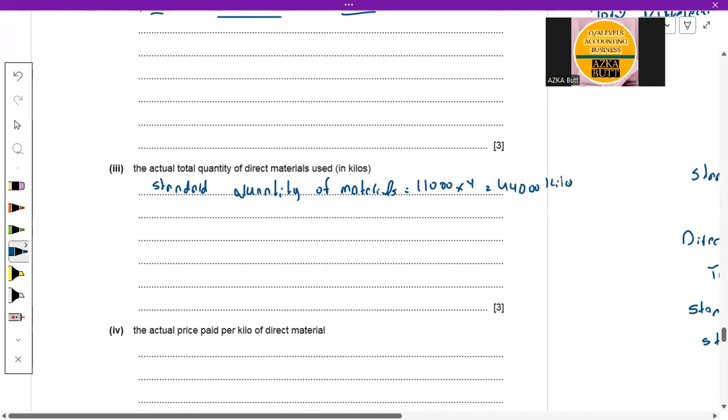And now in step 3, we use the material usage variance formula, and the formula is material usage variance is equal to standard quantity minus actual quantity, multiplied by standard cost per kilo.